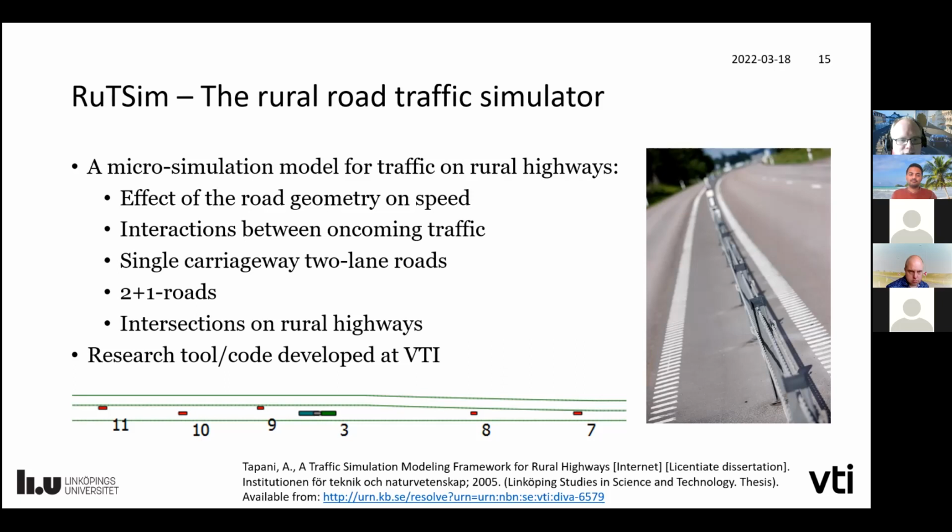As you see, it's not a very fancy graphical user interface or visualization. For sure, it could be good to put it in some of the more advanced traffic simulation softwares, but it does the job in that sense.